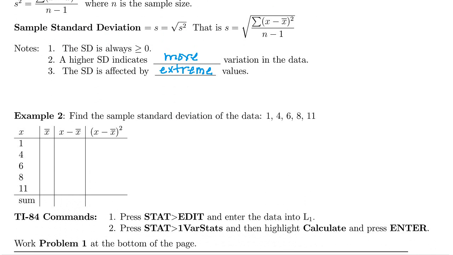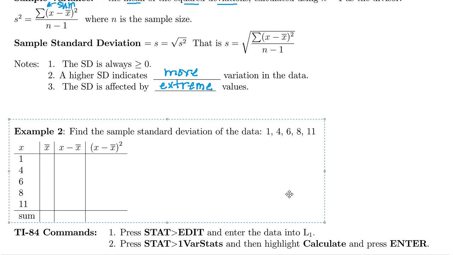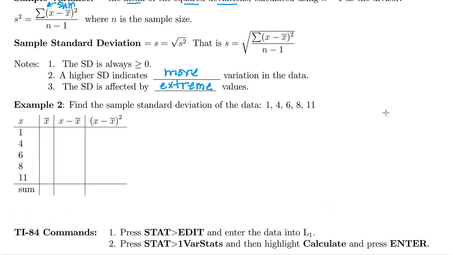So let's actually go ahead and compute here. We're going to use the same data set that we did above for the range. We want to find our sample standard deviation of 1, 4, 6, 8, and 11. I've organized how to find this standard deviation by using a table here.